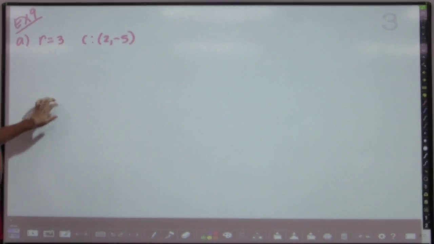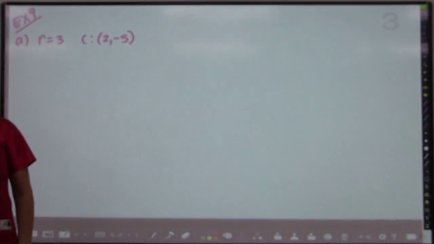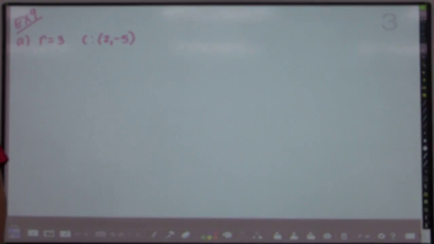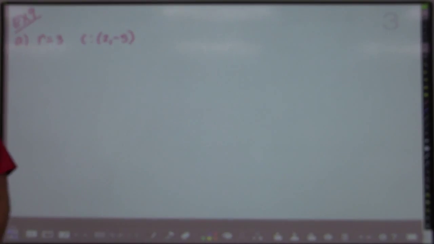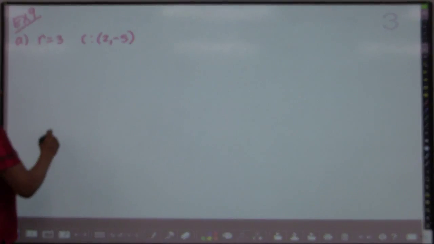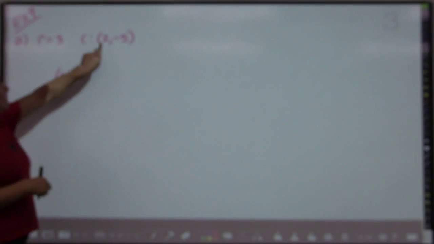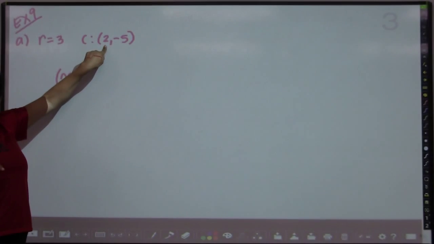So, here we go. Example 9, unlike what we just did, is asking you to write the equation of the circle. So they're giving me the center, they're giving me the radius, and they want me to write the equation. Again, very easy to do because we know that it's supposed to be x minus, so it's always the opposite, remember? So if this is a +2, what should be in the parentheses?